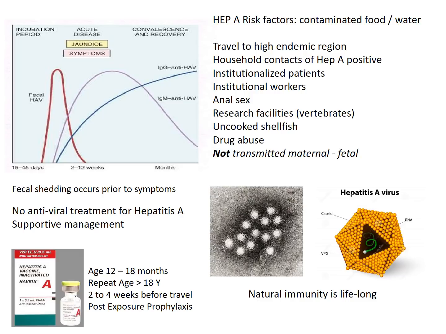Three viruses we're just briefly going to talk about: hepatitis A, B, and C. Here is Hep A. Hepatitis A comes from ingesting the virus in contaminated food and water, traveling to a high endemic region of the world, having household contacts who are Hep A positive, people who work in or reside in certain institutions such as prisons, group homes, etc., people who participate in anal sex, people who work with vertebrates in research facilities, eating uncooked shellfish, and drug abuse.